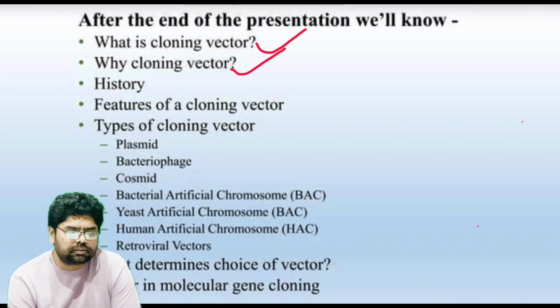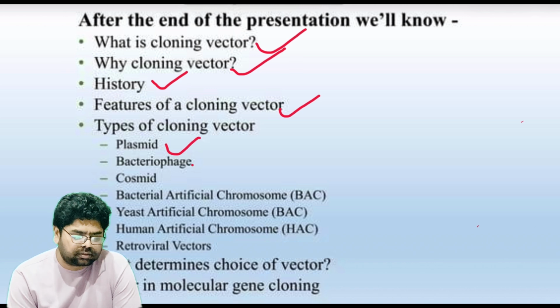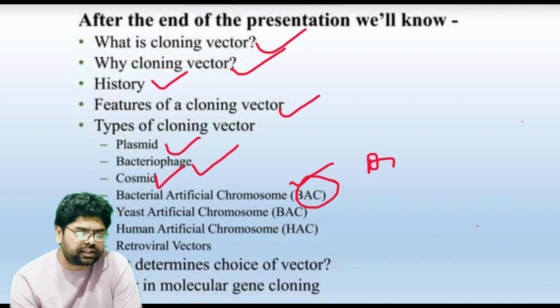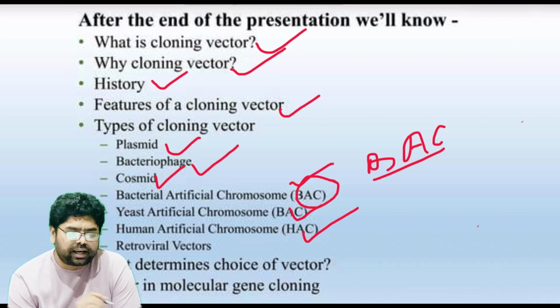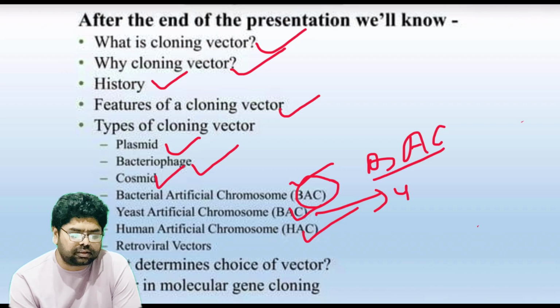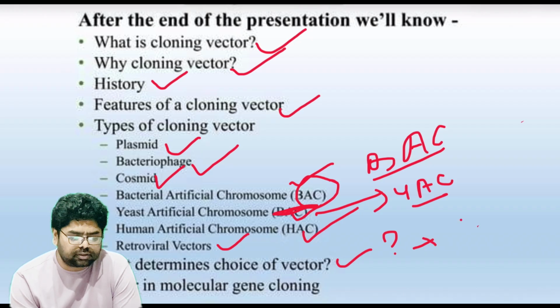After the end of this lecture, you will know what a cloning vector is, why cloning vectors are used, what the history of the cloning vector is, what the features of the cloning vector are, and what the different types of cloning vector are, like plasmids, bacteriophages, cosmids, bacterial artificial chromosomes, also called BACs, then yeast artificial chromosomes, written as YAC, not BAC.